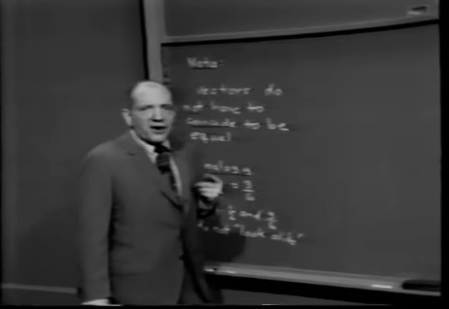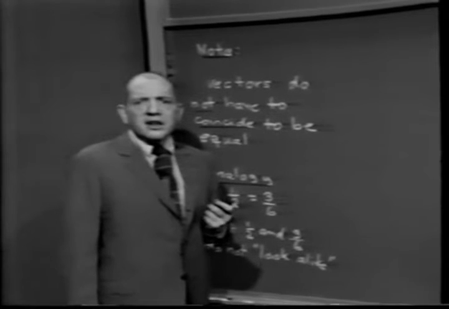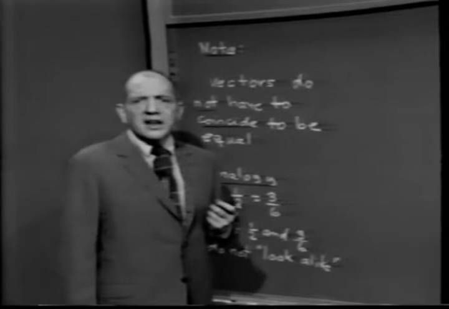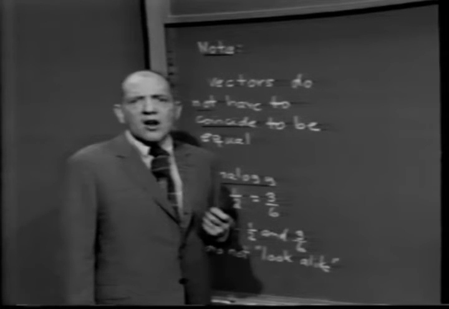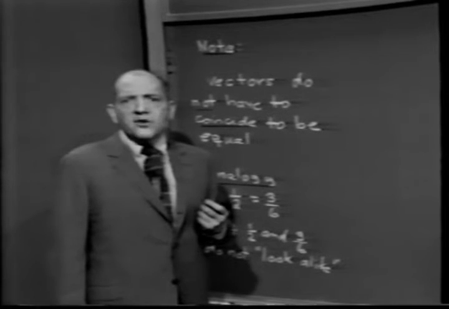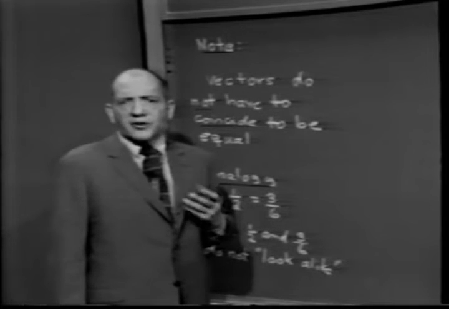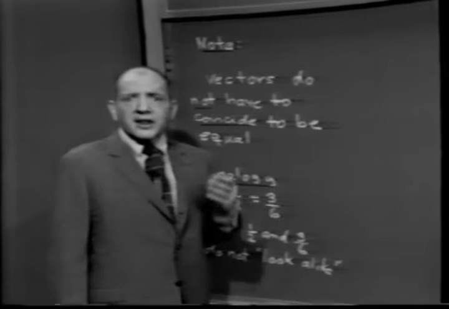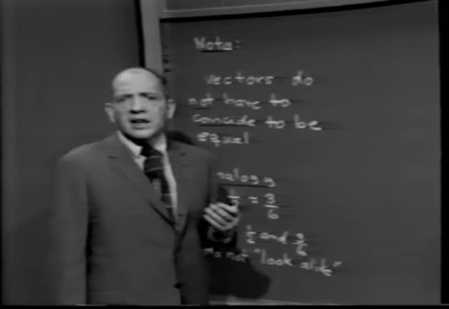by the way, let's be very careful about this, you see. As long as the only way that we can determine the difference between two vectors or arrows is in terms of their magnitude, direction, and sense, what this means is that if you have two vectors which are parallel, have the same length, two arrows, same length, same direction, and the same sense, they must be called equal.